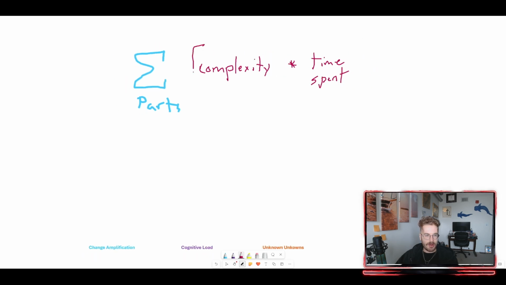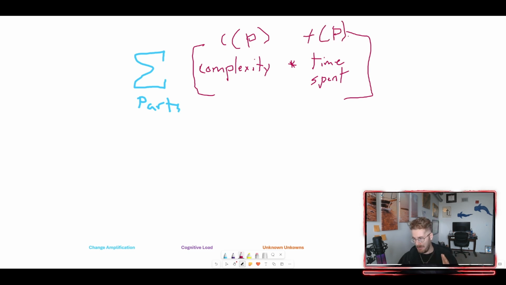So you can imagine a part in red here, and each part has a complexity associated with it, like C of P, and it would be like T of P. All right, we're doing math. Big math. Love it.